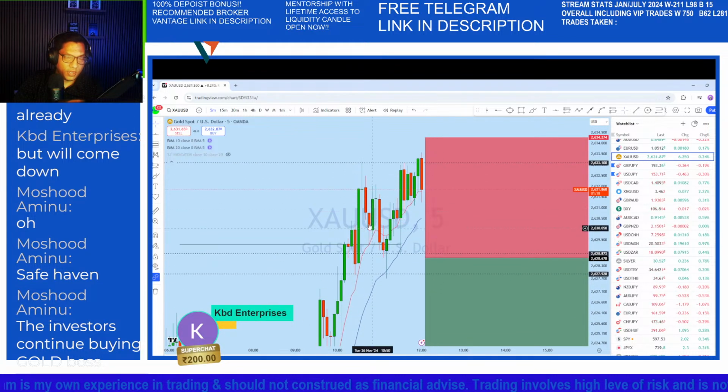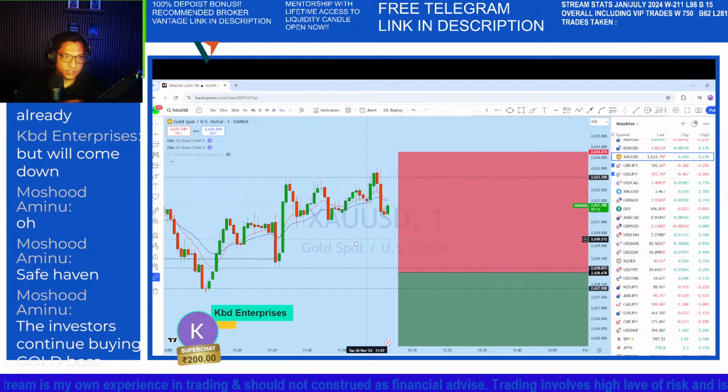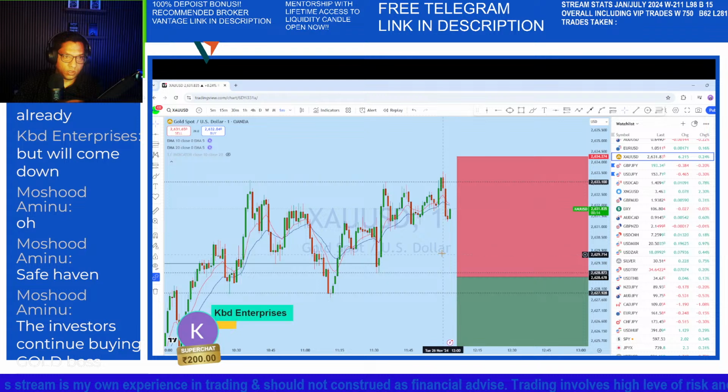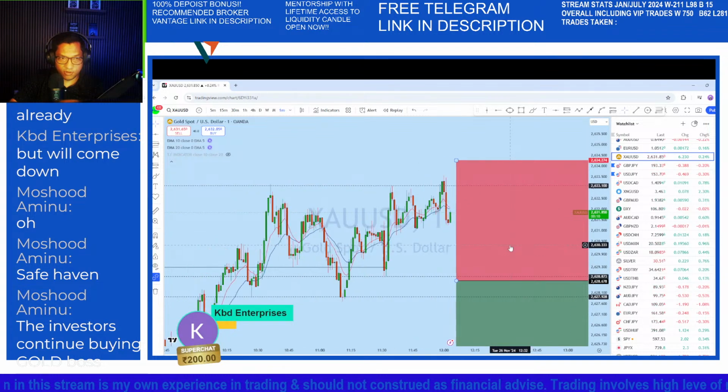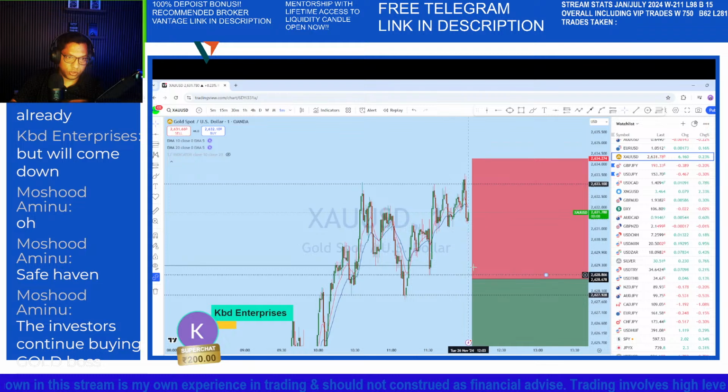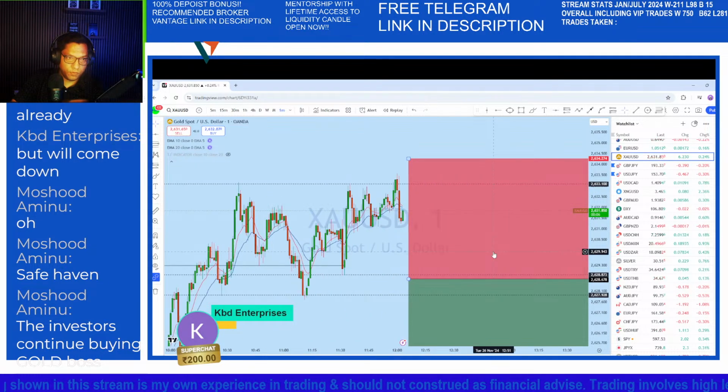So any improvement in the direction, we will be looking to exit and then potentially re-enter for this move.